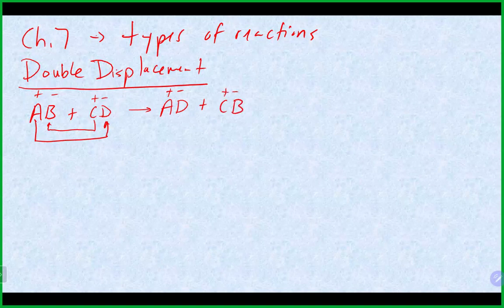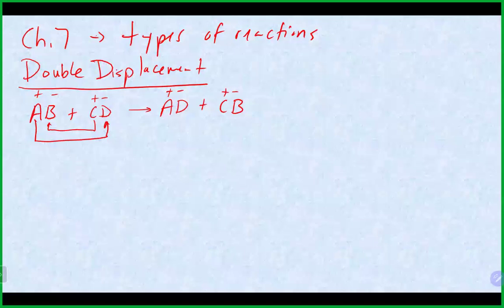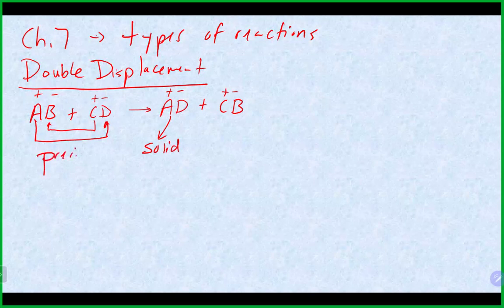And double displacement reactions are responsible for, in essence, two of the three reasons why a reaction will take place, as a result of this exchange. Here, you will form some type of solid, which is a precipitation reaction.